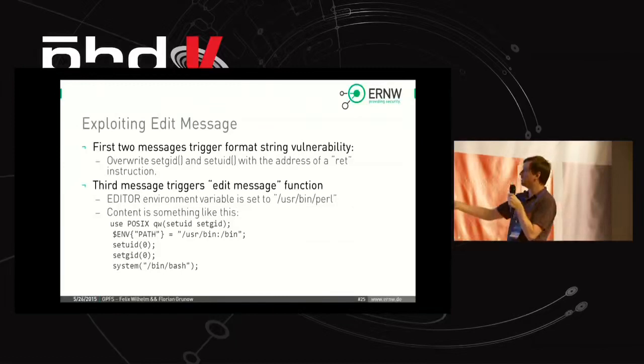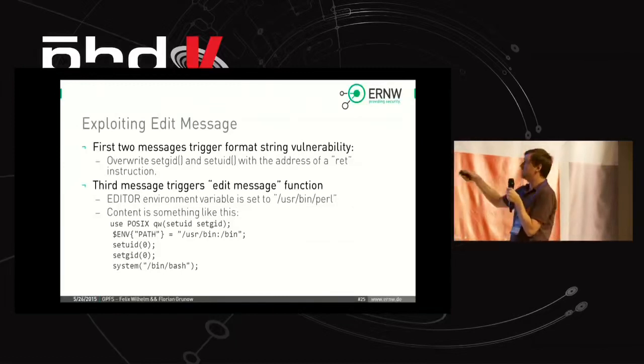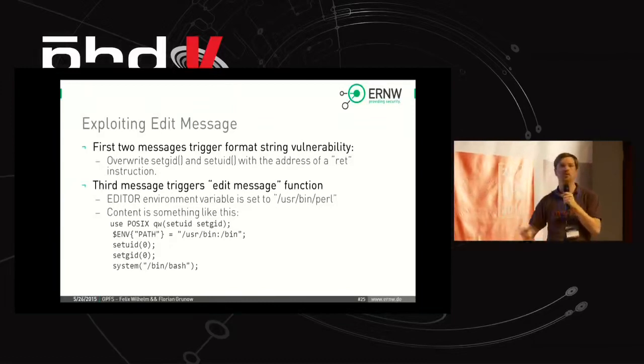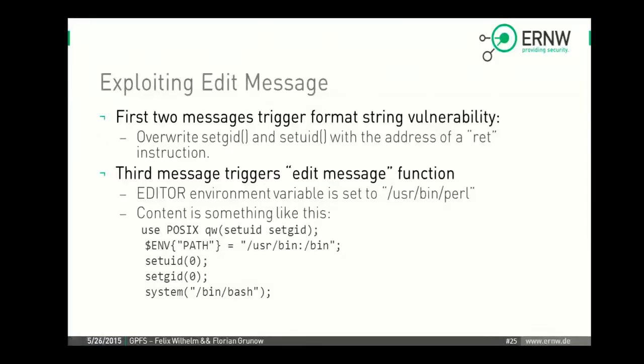So this should not drop privileges right now. The third message will then trigger an edit message command, which sets the environment variable to /usr/bin/perl, and the text that we are going to send over is simply something like this. We're using setuid, setgid, and then we're dropping to /bin/bash.